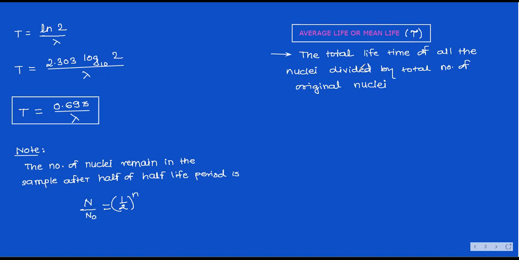The total lifetime of all the nuclei divided by total number of original nuclei. So how can we write this mathematically? Tau is equal to integration of t into dn divided by n naught.